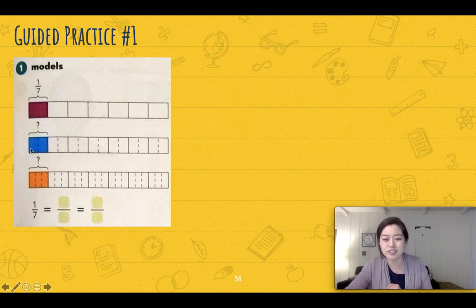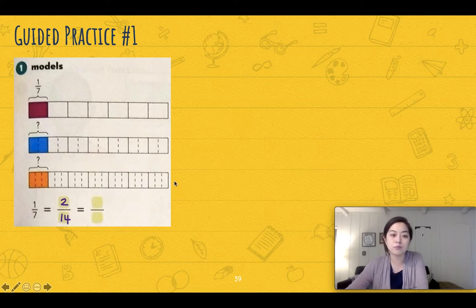Well, let's count by 2. 2, 4, 6, 8, 10, 12, 14. So 14 are my total parts, and that should go in the denominator. And my numerator will be 2 because it's the number of shaded parts. So my fraction here is read as 2/14.